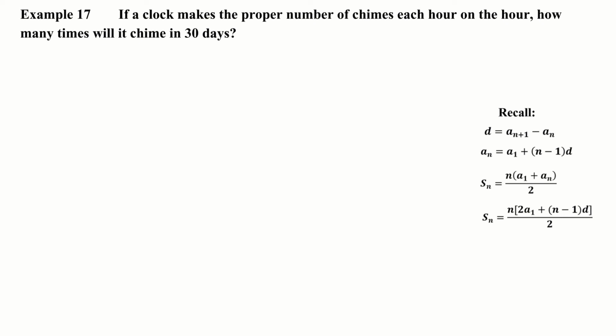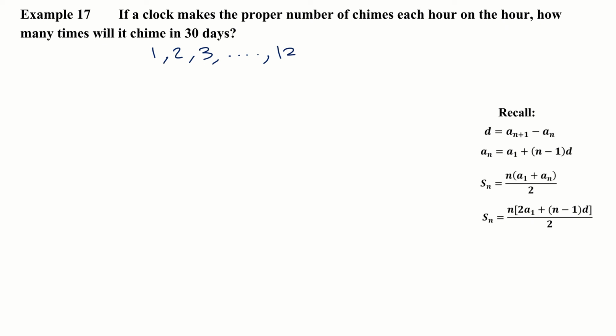Now, we know that when it's, for example, 1 o'clock, it's going to make 1 chime, and then when it's 2, it's going to make 2 chimes, and then 3, right? But not all the way up to 24, right? It's going to do that all the way up to 12. And then when it's 1 o'clock again, it's going to do another 1 chime.